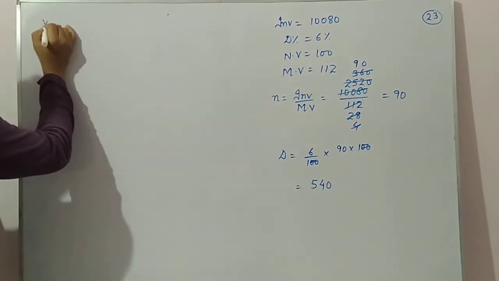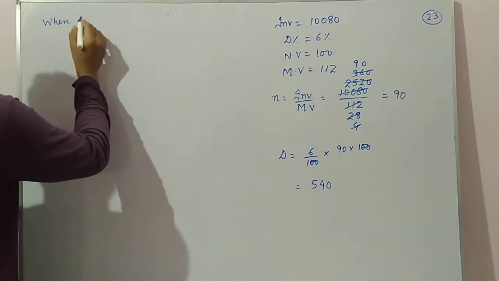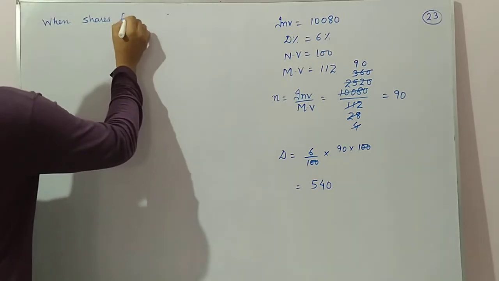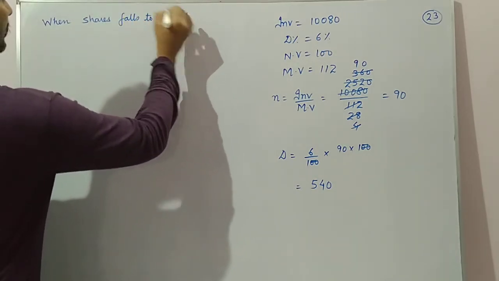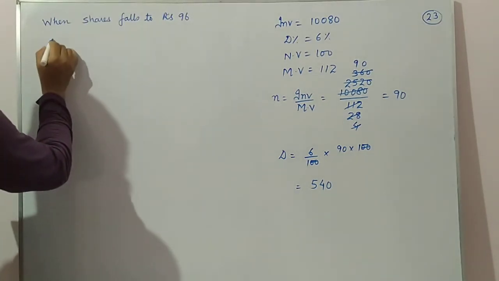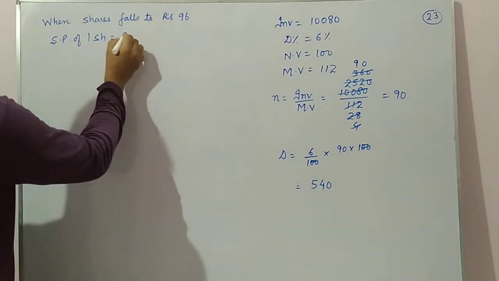So here, the second part: when the price of shares falls to rupees 96, he is selling the shares. That means the selling price of one share is 96.